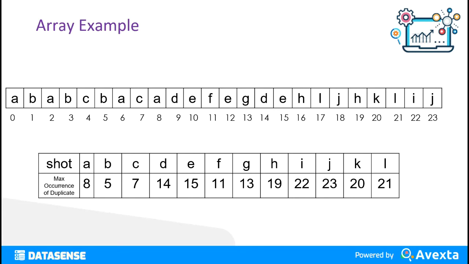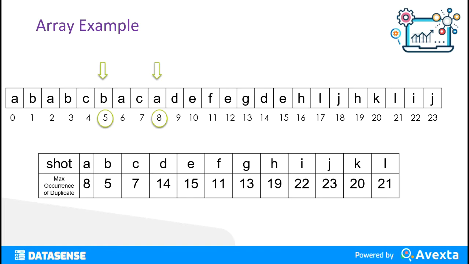So, for example, if you look at A, the farthest duplicate is going to be the eighth element, correct? And as we go through, let's say we are at the 0th element in our shots array. When we get to B, we compare and see if that specific max occurrence is greater than where our original A was.